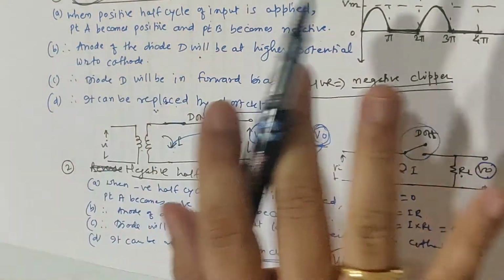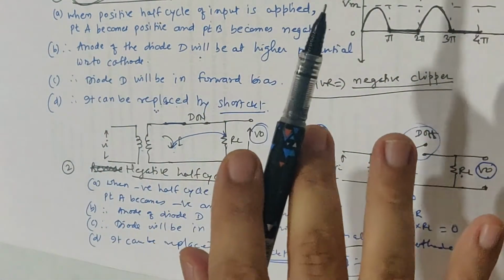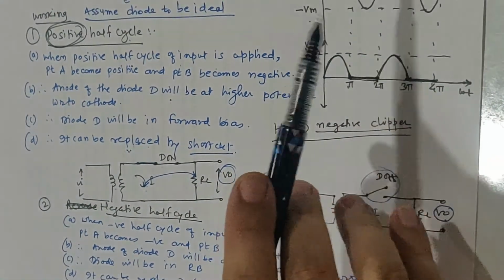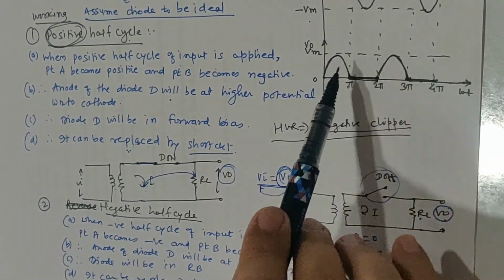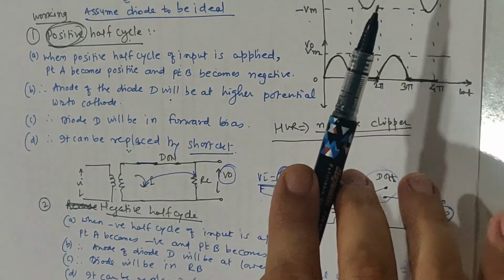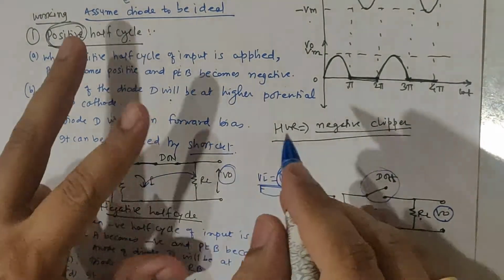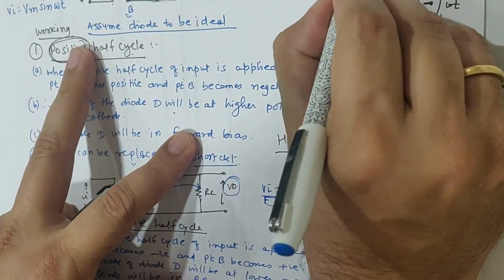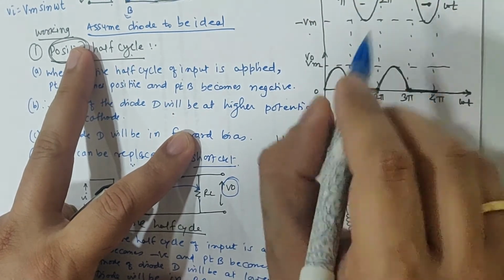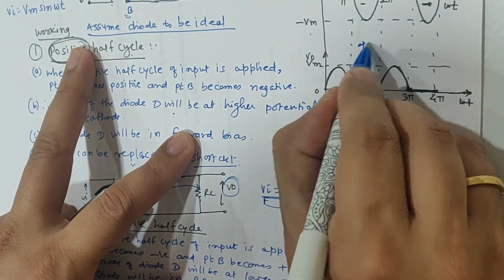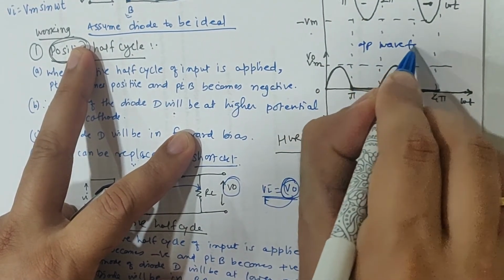So this is the working and the waveforms, input and output waveforms of the half wave rectifier. So let us name this. This is the input waveform, and this is the output waveform.